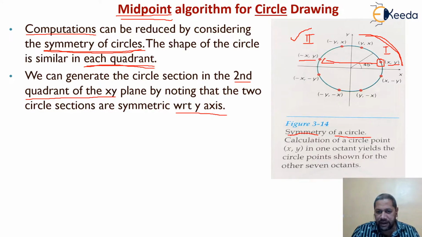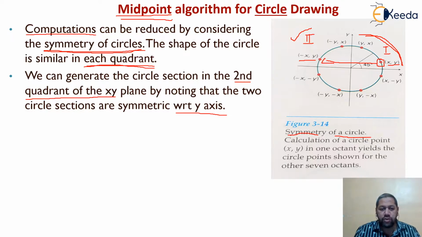So I get minus x comma y. Y will not change, y stays as it is. So when I get all the pixels of the first quadrant, I will reflect them onto the second quadrant. That is what we have written: we can generate the circle section in the second quadrant of the xy plane by noting that the two circle sections are symmetric with respect to the y-axis.